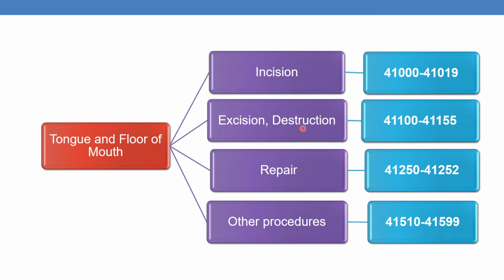And for excision and destruction, the CPT range is 41100 to 41155. And for repair, the CPT range is 41250 to 41252. And finally, for other procedures, the CPT range is 41510 to 41599.